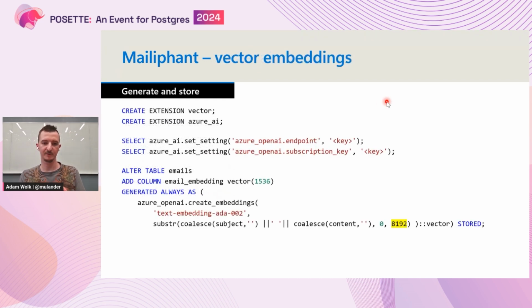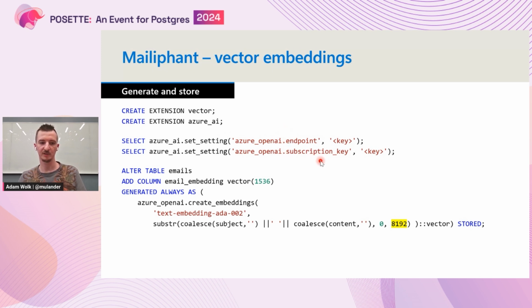So let's put this together. We start by creating a vector extension, which is pgvector, the Azure AI extension. We create the endpoint. We set the endpoint to what we defined in our Azure OpenAI deployment.